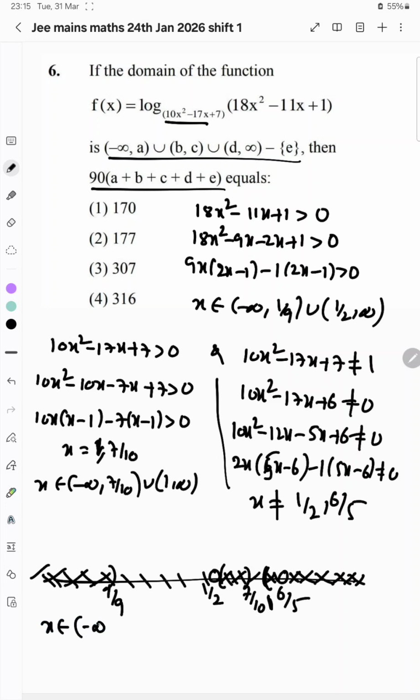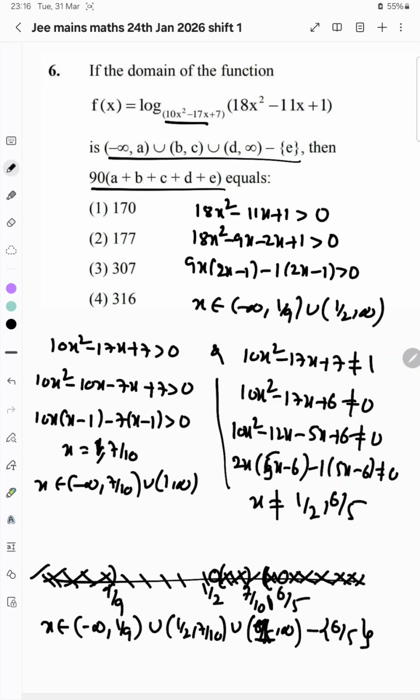Observe, minus infinity to 1 by 9 first interval, union 1 by 2 to 7 by 10 possible, union 1 to infinity except 6 by 5. Okay, 6 by 5 only is not possible, from 1 onwards included, right?